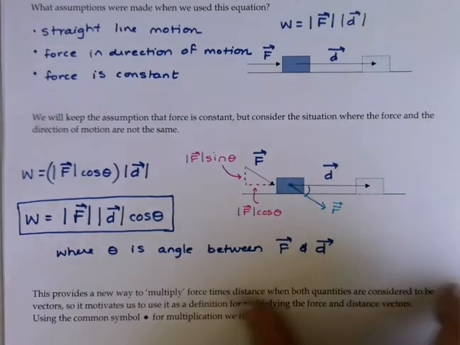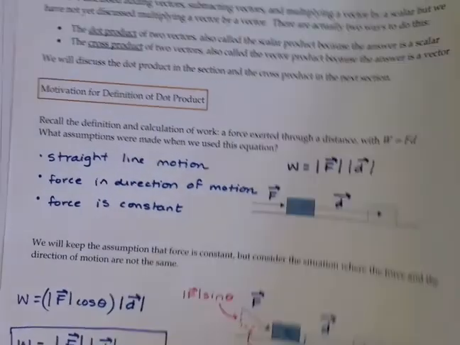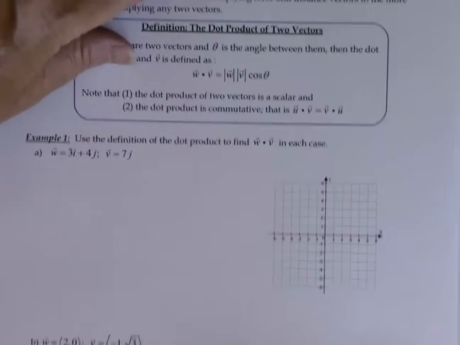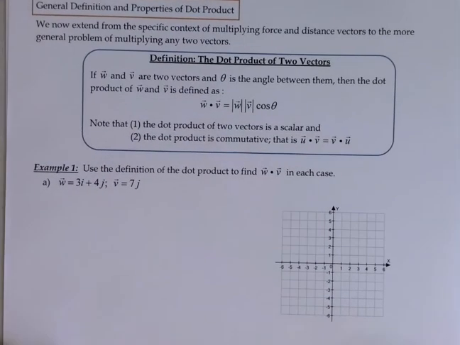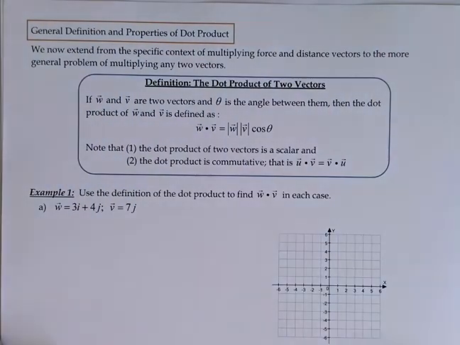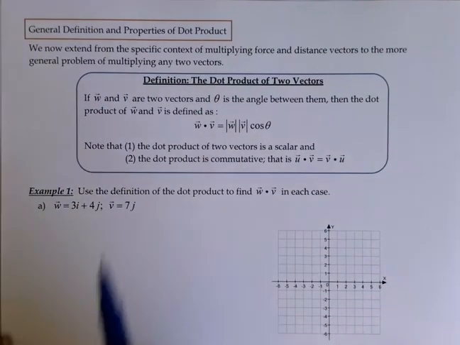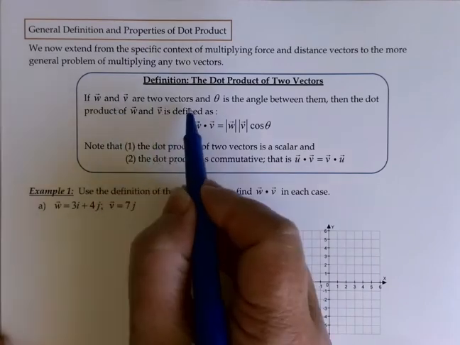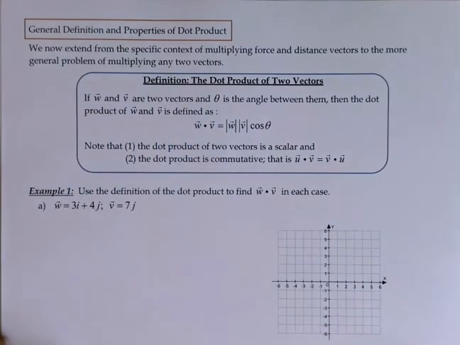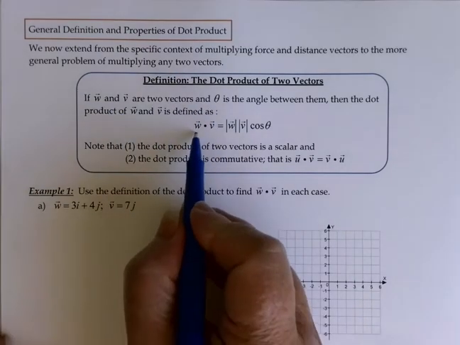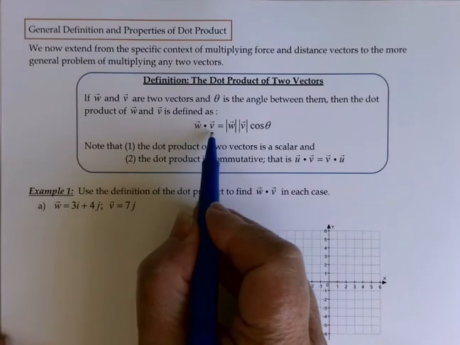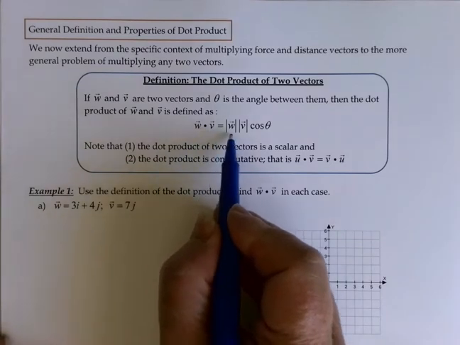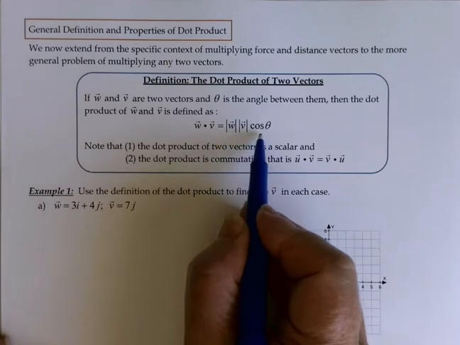Or we can even generalize that and talk about a dot product for any two vectors, not just a force and a distance. So here's the general definition of the dot product, building on what we just did. If W and V are any two vectors, theta is the angle between them, then W dot product with V is magnitude W, magnitude V, cos theta.